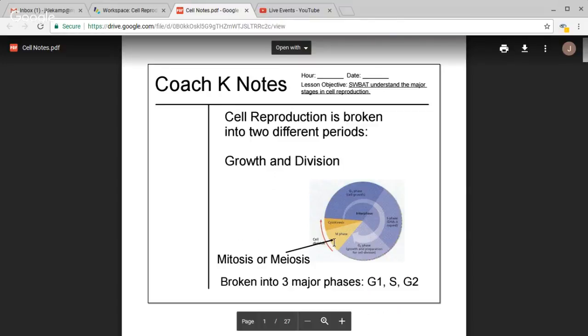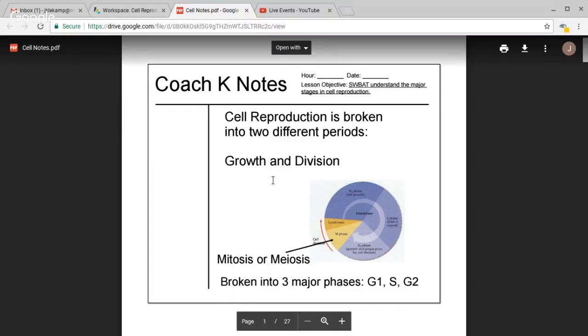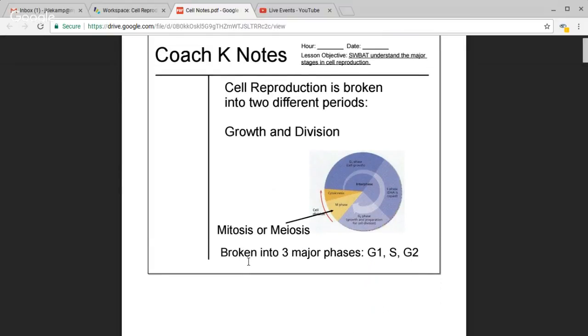And the division part really is just this small piece of the pie right here. As you can see, over 75% of the cell reproduction cycle for most cells is in this growth phase. And then we go through the division phase, which is either mitosis or meiosis.